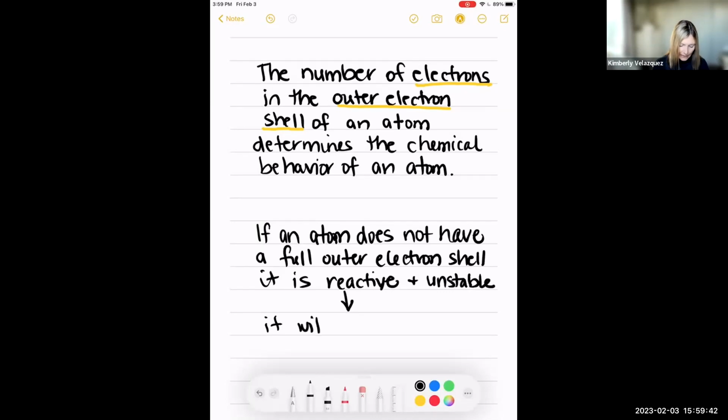And it will do something to achieve a full outer electron shell.